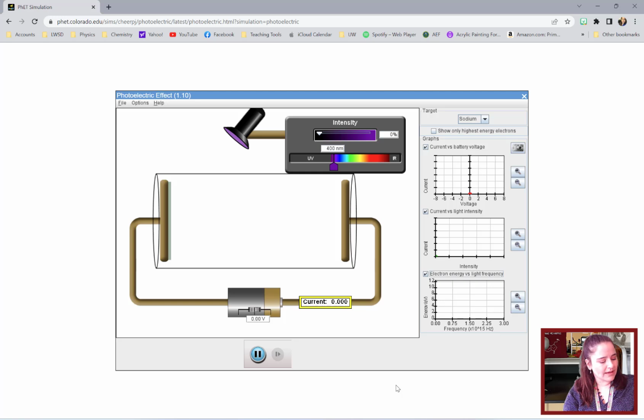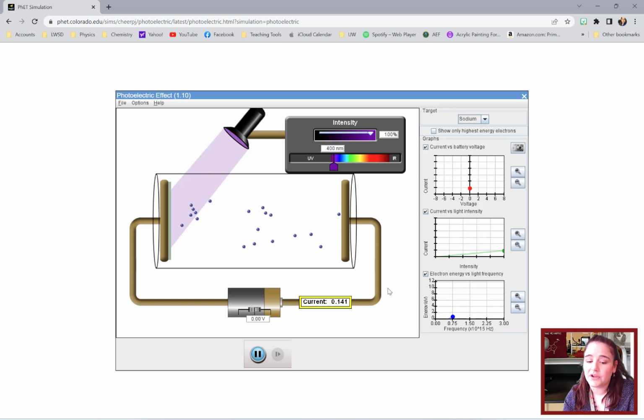So in the photoelectric effect, we have two metal plates and a voltage source between them. Now, if I shine light on one of these metal plates, it can cause it to emit electrons. So we see that emitting electrons.